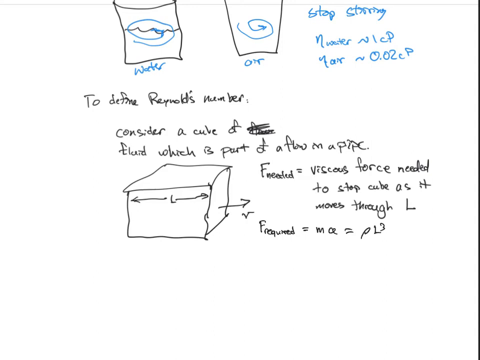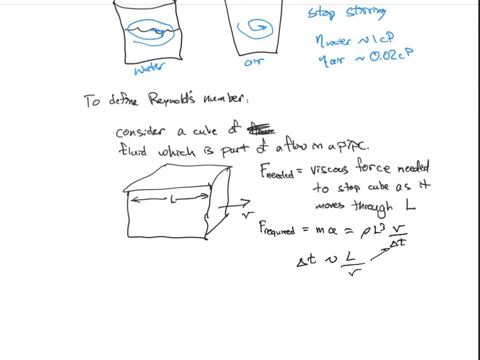L cubed is the volume of the cube, times the acceleration. The average acceleration would be v over whatever time period it takes to come to rest. We're going to say that that time period is about the distance that it travels, L, divided by v.